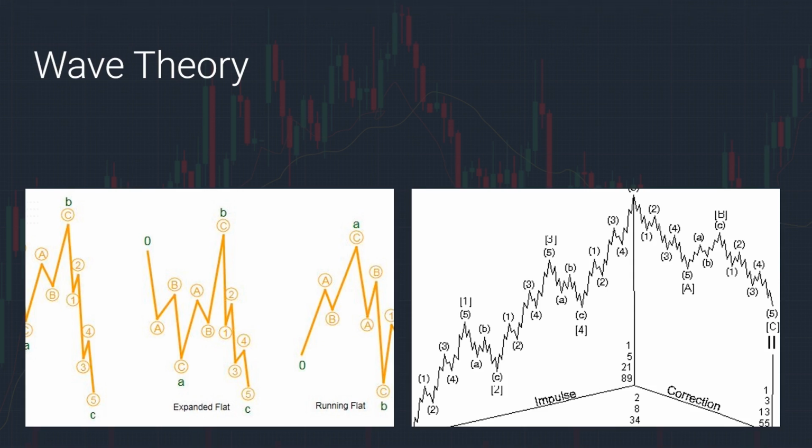This is one of the reasons why the corrective strategy works so well, because it overlaps with other concepts and other strategies. It overlaps with the psychological aspect, that these psychological patterns repeat themselves over and over again, and that's what we're doing with the corrective strategy. We are taking advantage of a psychological pattern alongside a technical pattern, alongside a manipulation pattern which is happening in the markets, with market manipulation and stop hunts.